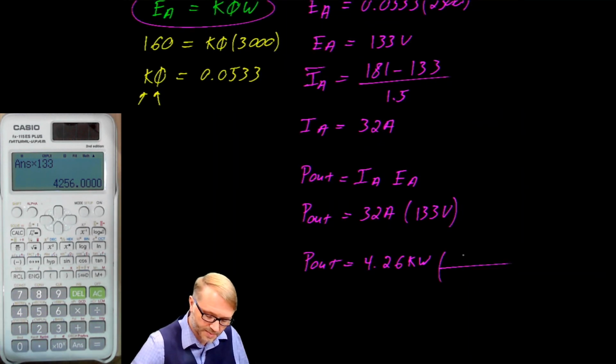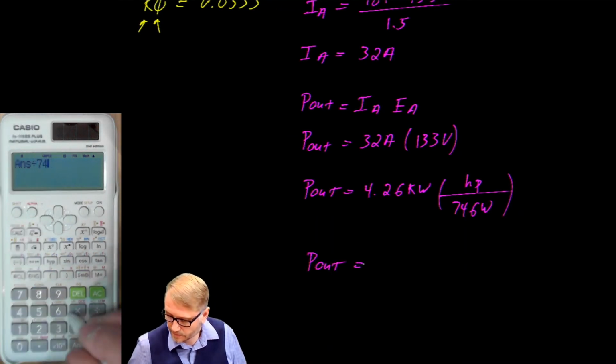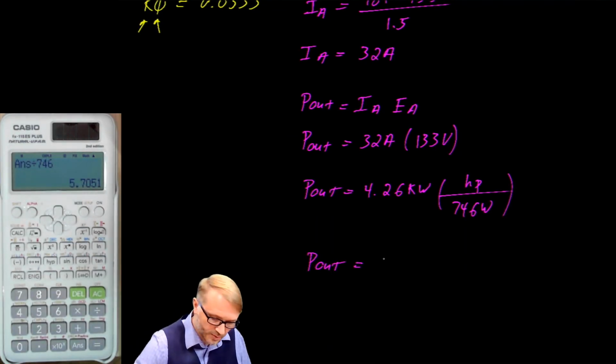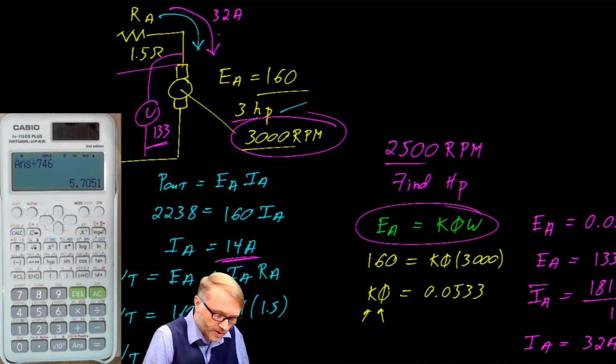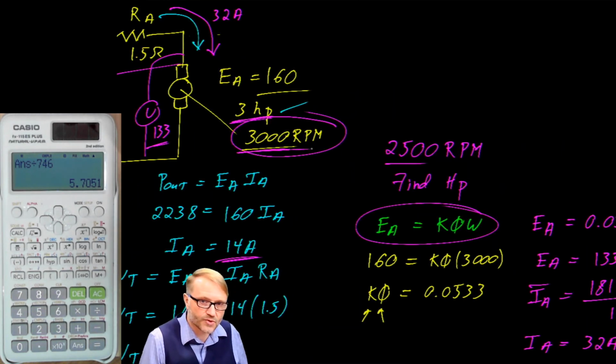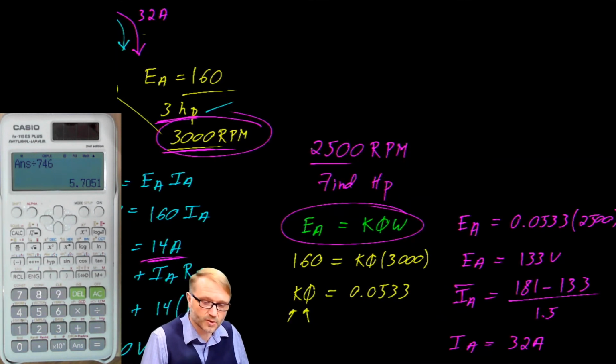And we multiply that by 746 watts per horsepower. Gives you a power output of about 5.7 horsepower. So what was originally 3 horsepower when we were spinning at 3,000 RPM is now 5.7 horsepower when you're turning 2,500 RPM.